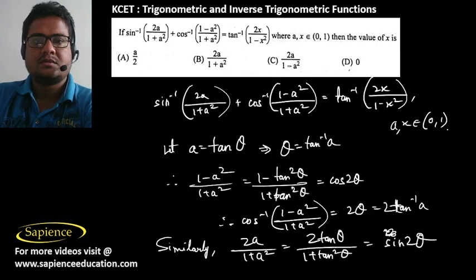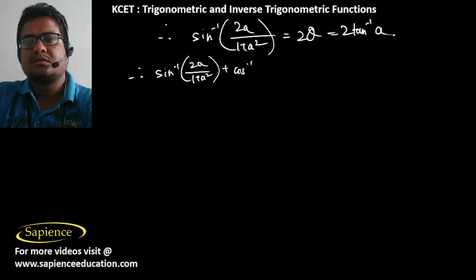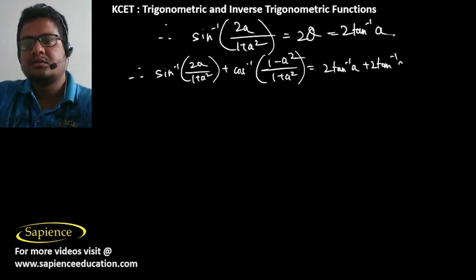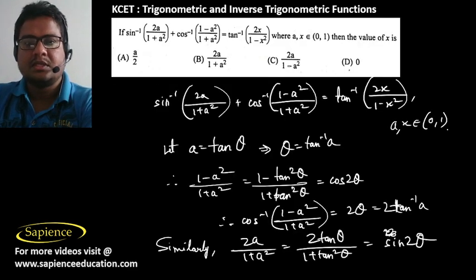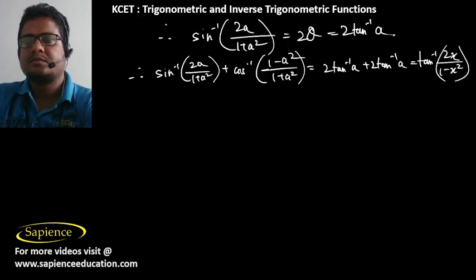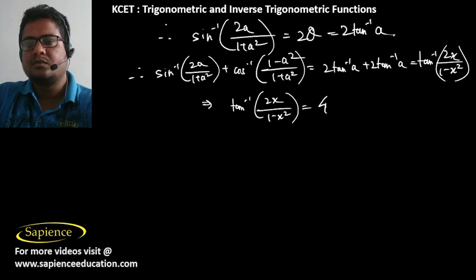Now the left hand side, sine inverse of 2a by 1 plus a square plus cos inverse of 1 minus a square by 1 plus a square, can be written as 2 tan inverse a plus 2 tan inverse a, and that is equal to tan inverse of 2x by 1 minus x square. So tan inverse of 2x by 1 minus x square is equal to 4 tan inverse of a.